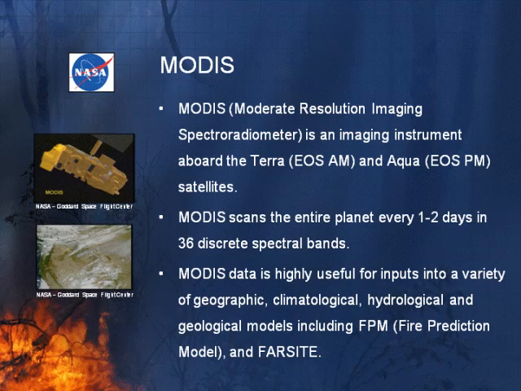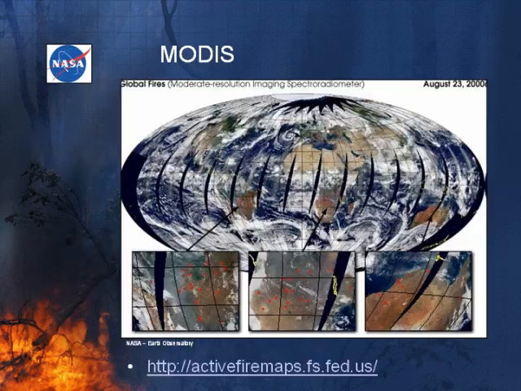MODIS data is highly useful for inputs into a variety of geographic, climatological, hydrological, and geological models, including FPM, fire prevention models. There's more than just FARSITE: there's BEHAVE, FPM, FARSITE, a bunch of others. So it seems that MODIS does a lot of earth science-based imaging: geological, hydrological, climatological, and geographic.